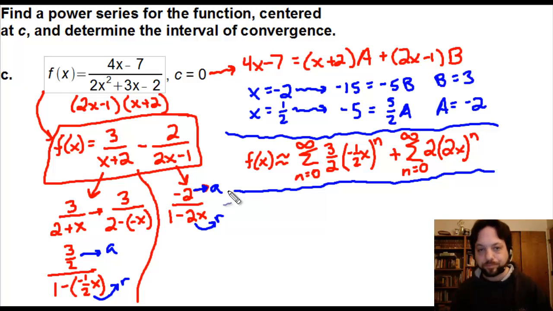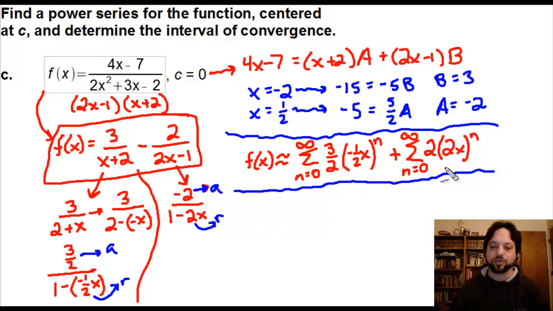Now, as far as finding the interval of convergence, again, I'm going to leave this as an exercise to you. My advice is to first find the radius of convergence for the first series, this one right here. Then go through and find the radius of convergence for the second series, this one. Then all you need to do is find out where they overlap.